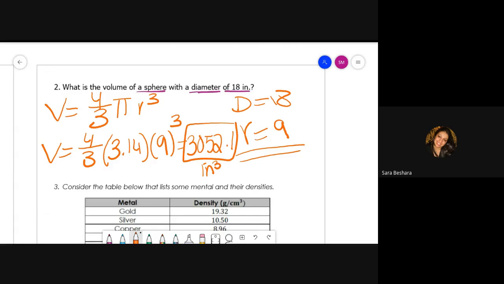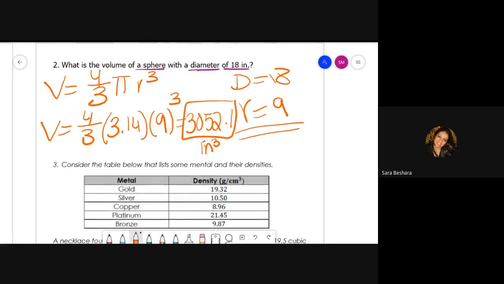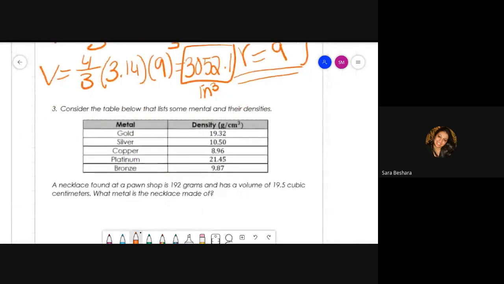All right. So 2 is very straightforward, just plug and chug in the formula. Just remember, when you're given a diameter, you must split that for the radius.